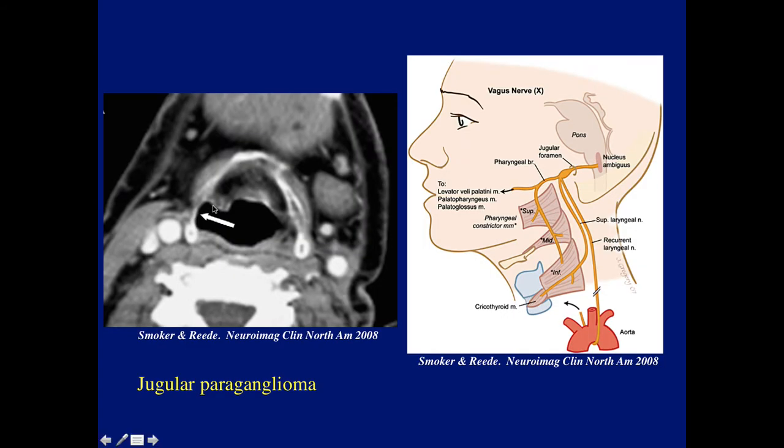And here's a more distal, the typical expansion here, and this was the jugular paraganglioma caused denervation atrophy of the inferior constrictor, and we can see this expansion of the piriform sinus region. So again, all these constrictors can be involved in a proximal vagus nerve lesion.